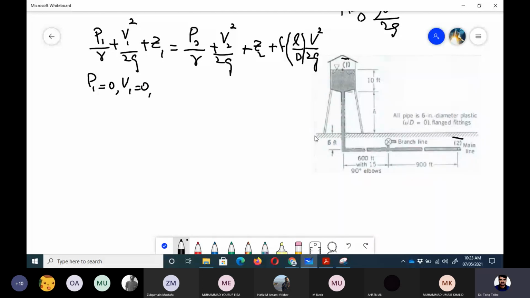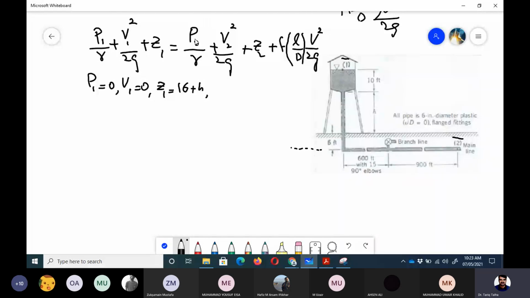And Z1, if we take this as a reference point for the height, would be equal to 6 plus H plus 10. So Z1 would be equal to 16 plus H.